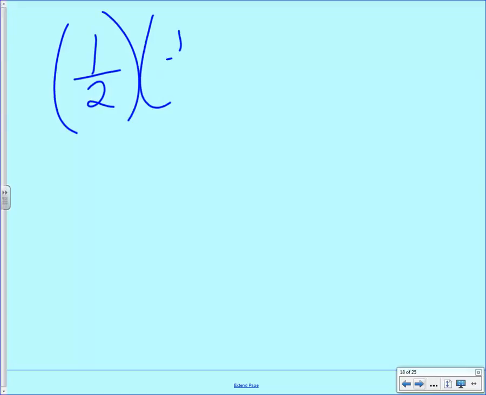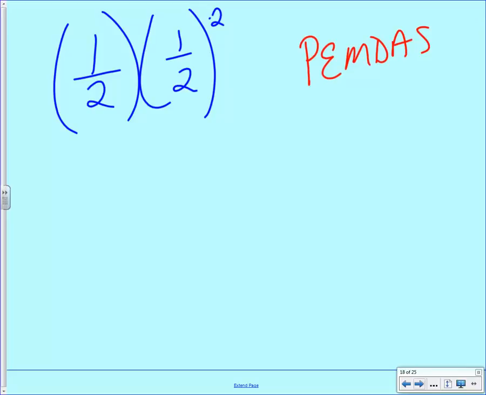All right, let's do an order of operations problem. A little bit confusing, but we're going to talk through it. Parentheses. I have 2 of them, but I can't do anything inside these parentheses.